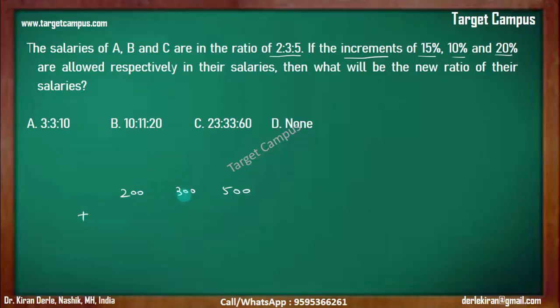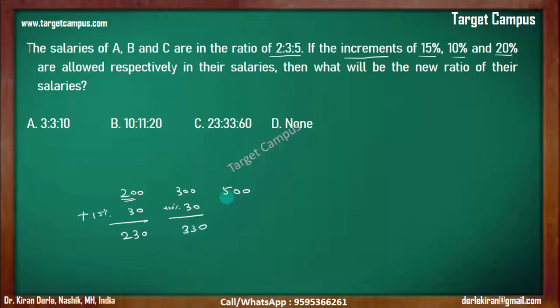Now the increments are made. What is 15% of 200? 10% is 20, 15% is 30. So the increment is 30, and the new salary becomes 230. 10% for this one is 30 again, so this becomes 330.